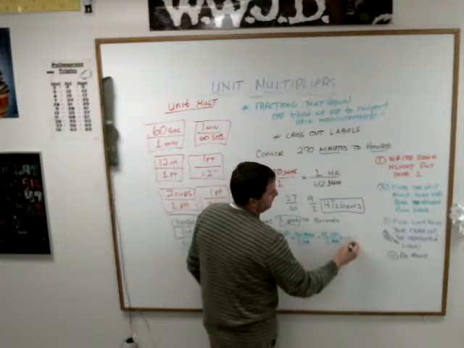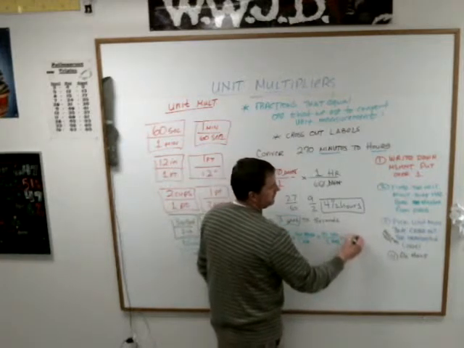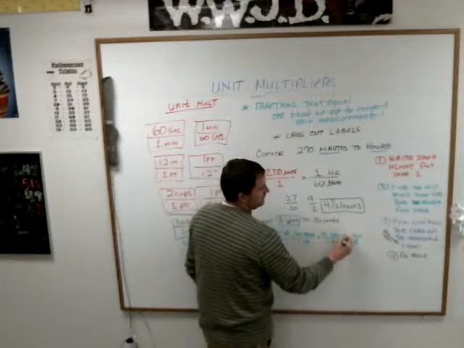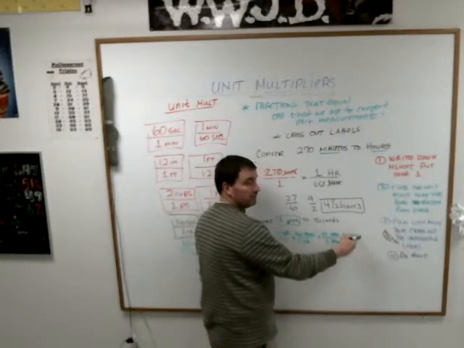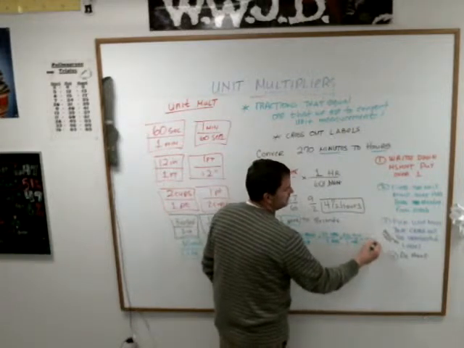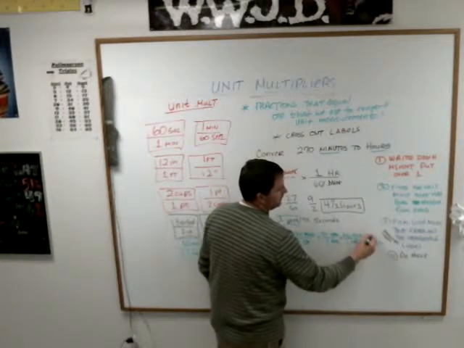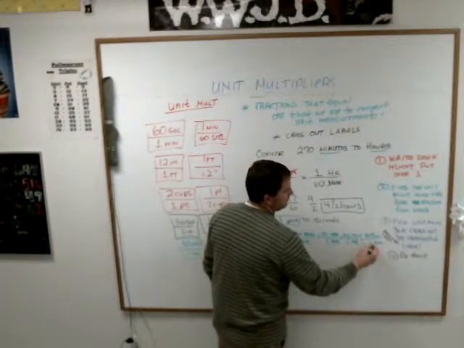Now I cross off my hours and put it into minutes. How many minutes in an hour? 60. So now my hours cross off, and I've converted into minutes. Then I do minutes on the bottom so that it crosses off with the minutes on top, and I put seconds on top. There are 60 seconds in 1 minute.